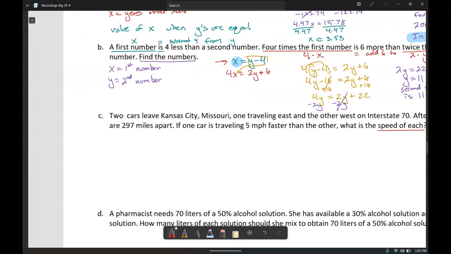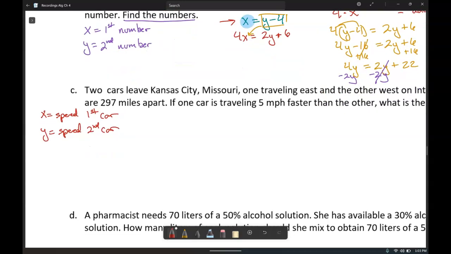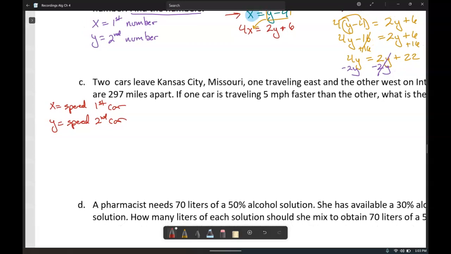So we'll start by identifying that x can be the speed of the first car, and y can be the speed of the second car. Let's draw a little picture to kind of get a visual for what's happening here. So we have Kansas City on a map, and two cars are leaving.